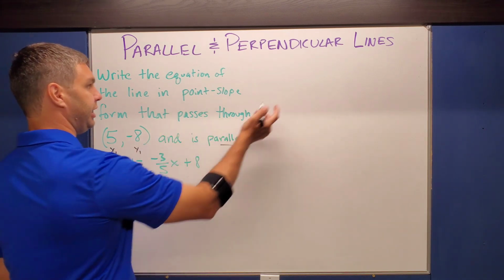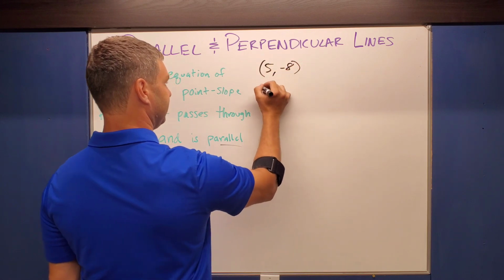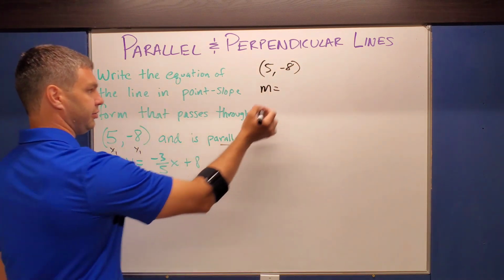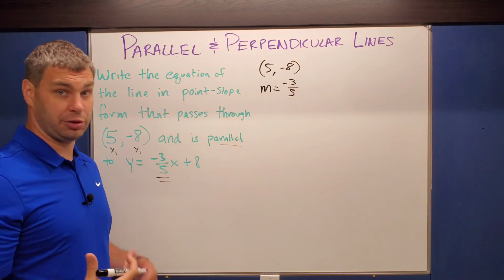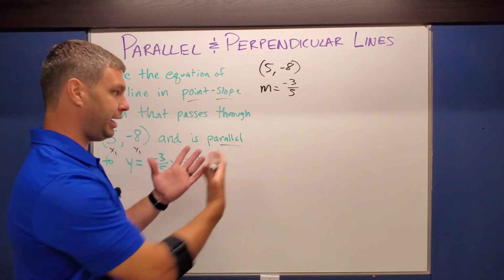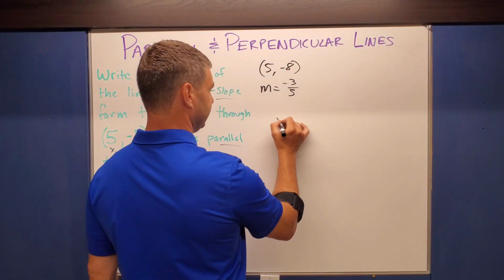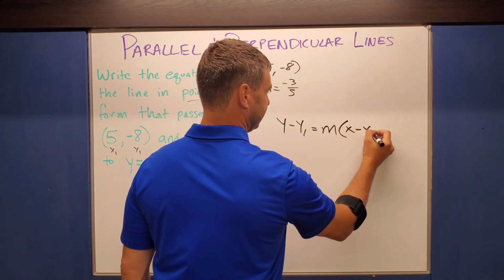So if I take what I have here, my point 5, negative 8, and my slope is going to be negative 3/5, I can go ahead then and write an equation using those two things that goes in point slope form. So I'm going to write out what the general form of point slope is. That's y minus y1 equals a slope times x minus x1.